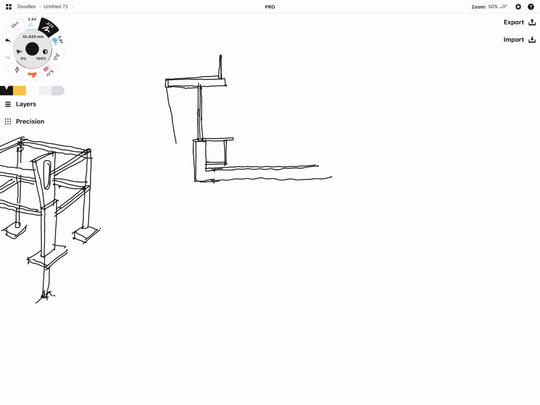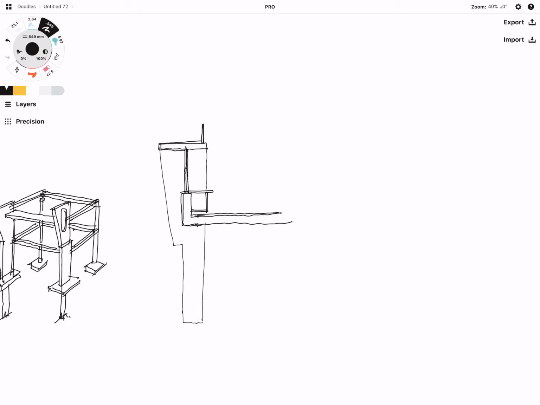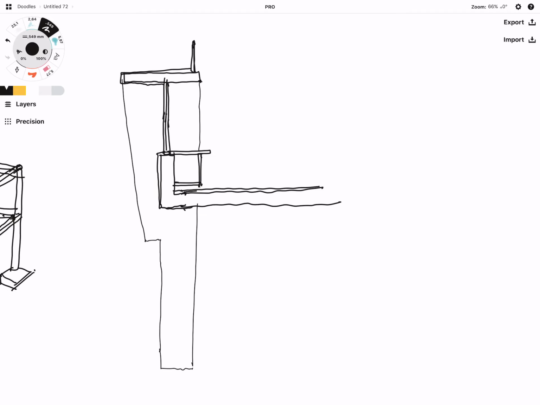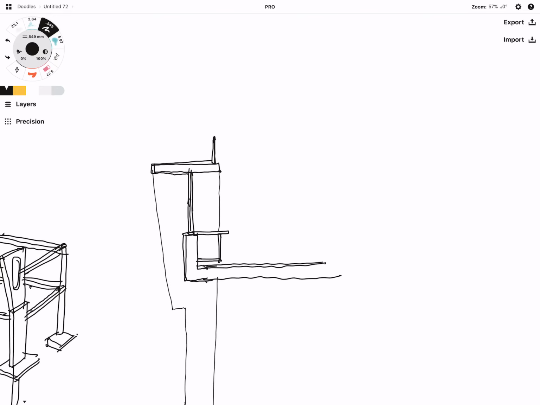I'm going to draw in elevation. It's my column coming down. Oh, we're going to use color instead.